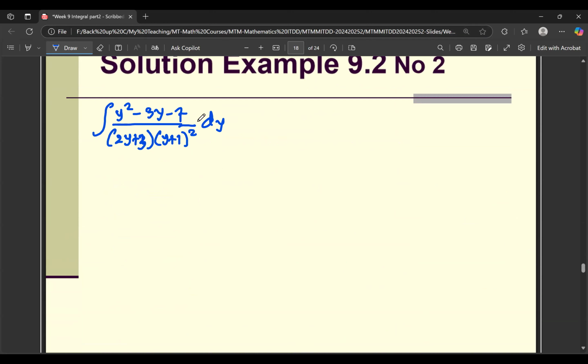We did it well before. The degree of p(y) is already less than the degree of q(y).